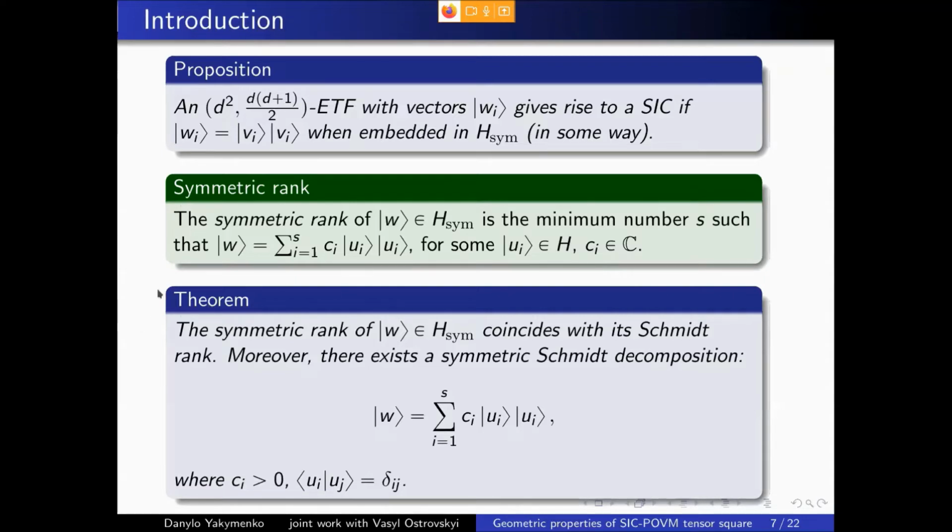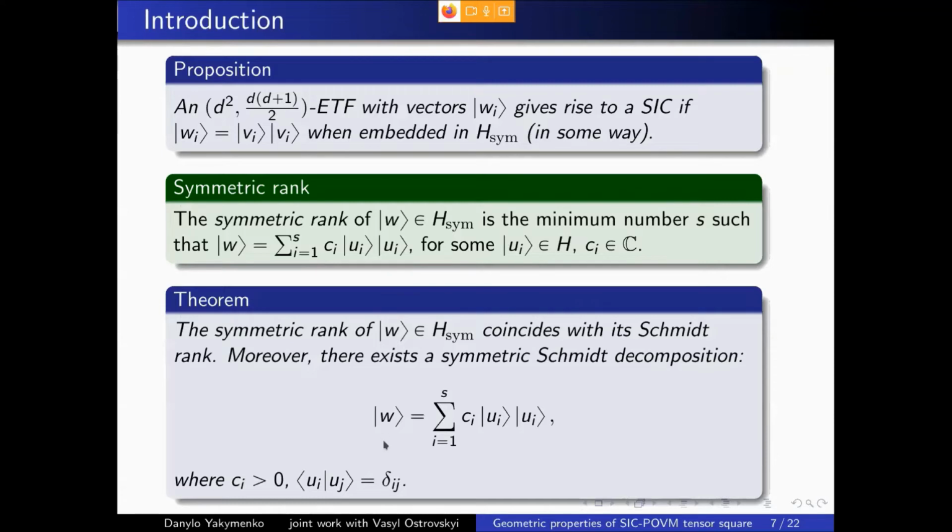And there is an actually interesting theorem that, in fact, the symmetric rank of a symmetric vector is the same quantity as the Schmidt rank of a vector, which is a known thing in quantum information theory. And moreover, for symmetric vectors, there is always a symmetric Schmidt decomposition, right?